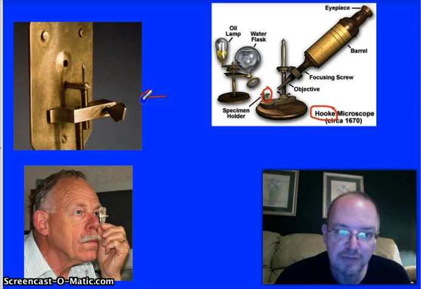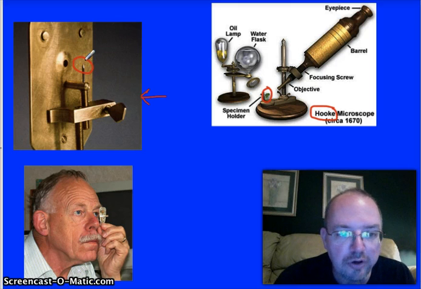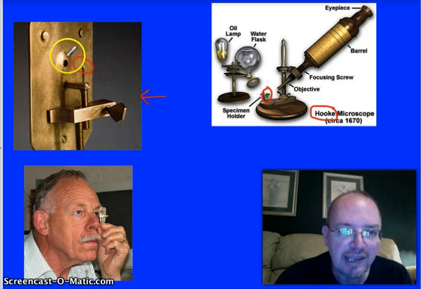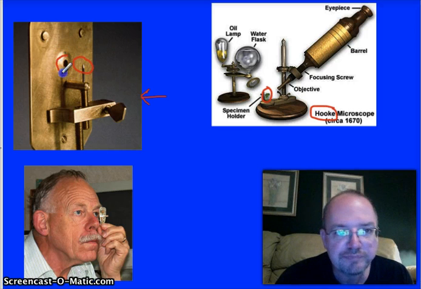Van Leeuwenhoek's microscope, he would have the specimen, whatever specimen he had right here, and I suspect with the water, he probably has some kind of vial or something that held it, and in here you had some kind of lens, and he looked at it from the other side.